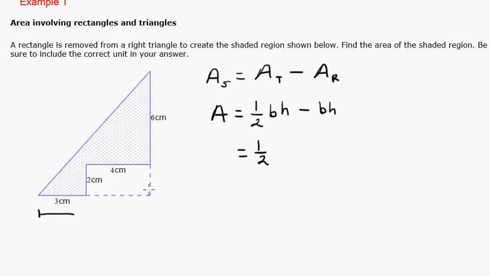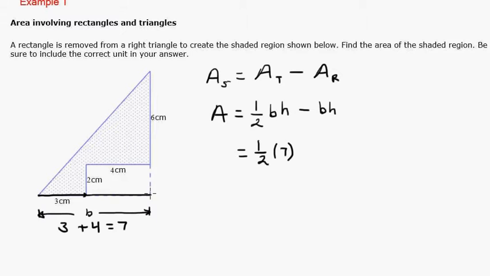What's the base of this triangle? Well, it's 3, right? It's 3, and then plus 4 more. So it's 7. Okay? So that would be a 7.